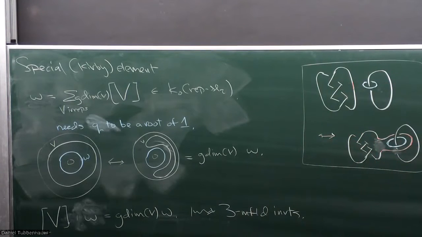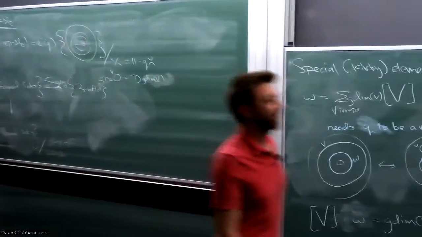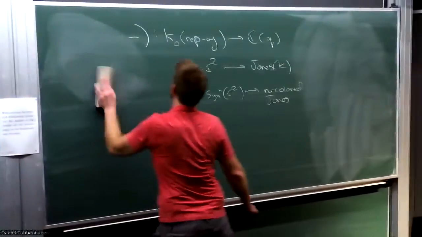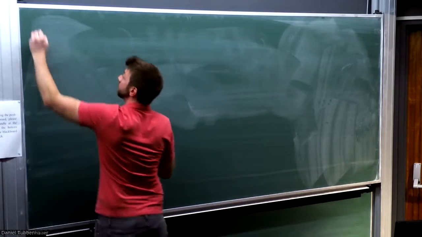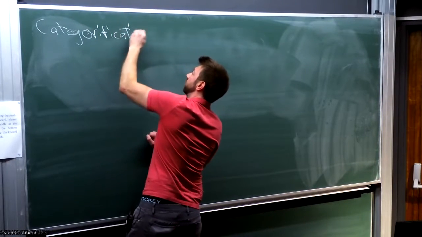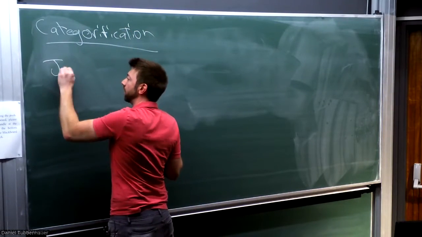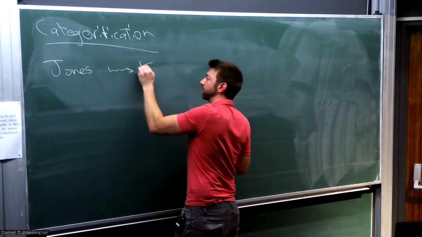Okay. So this is what we're going to categorify. So in the categorification of this story, the Jones polynomial, that's the knot invariant that we're actually working with, gets categorified by Khovanov homology.